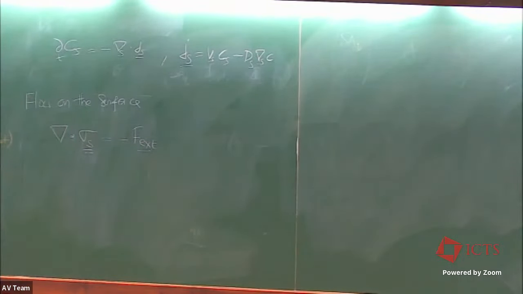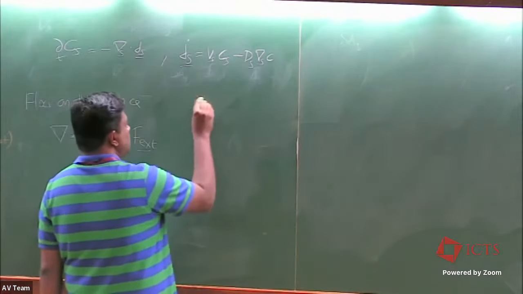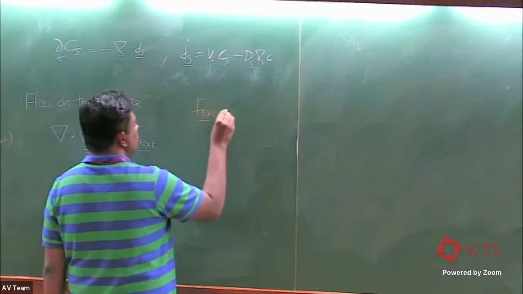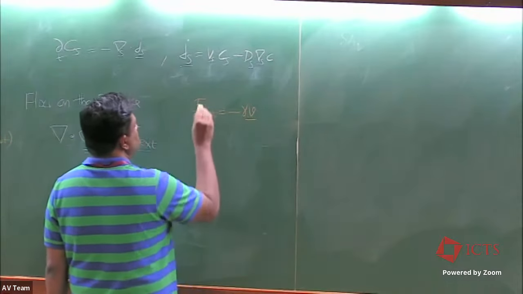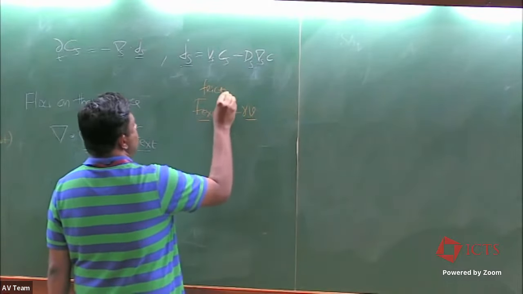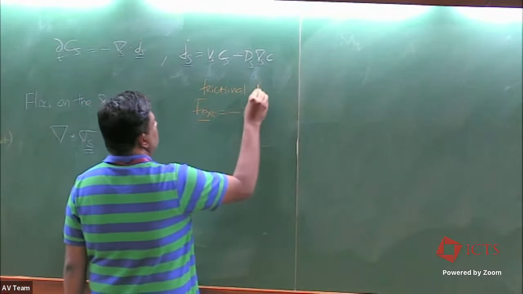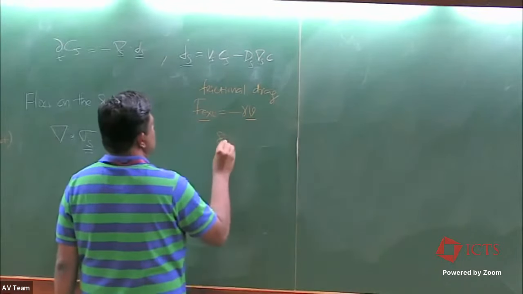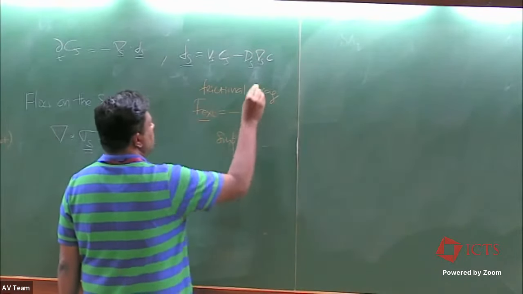So the divergence of the surface stresses is balanced by all the external forces that are coming on the surface. And if you remember, in the simplest approximation, we had said that the external forces, we will model by a simple frictional drag term. This is the simplest model.